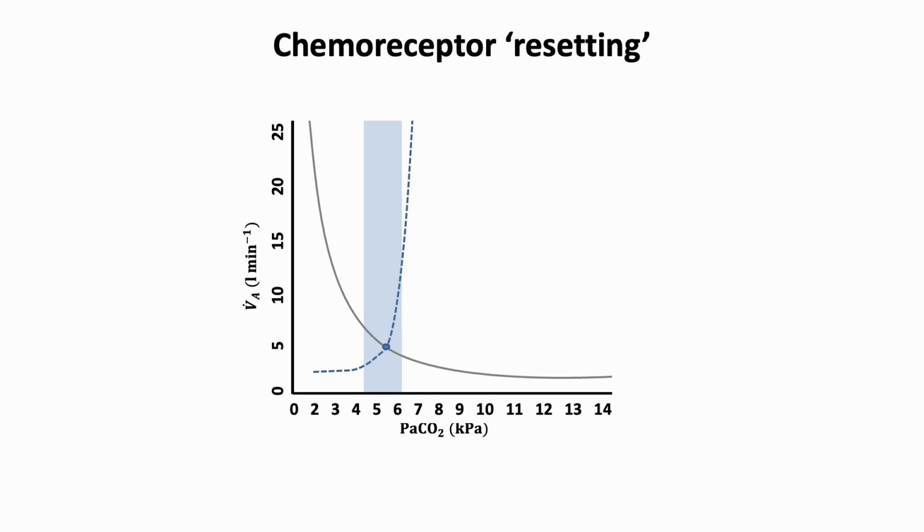Because we can reset the chemoreceptor. It can be rendered more sensitive by different stimuli. If that happens, it will be shifted to the left. So what happens now? Well, the patient increases ventilation, so the PaCO2 decreases, and we see that in a lot of patients.